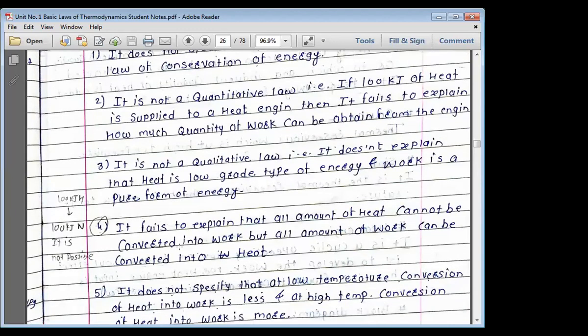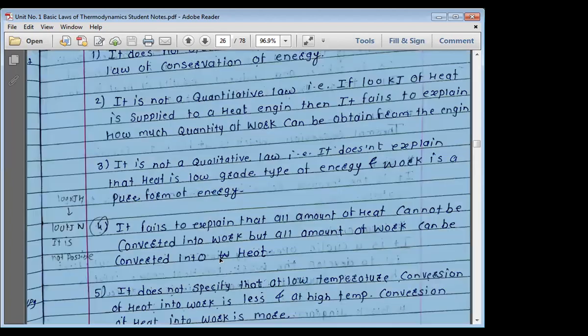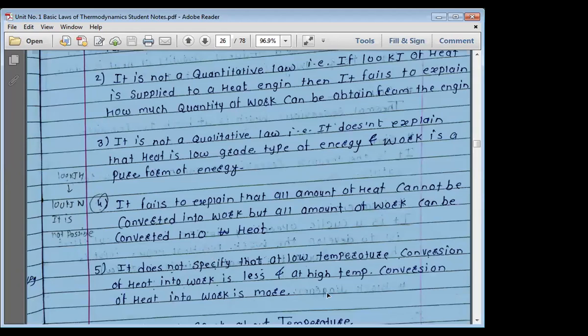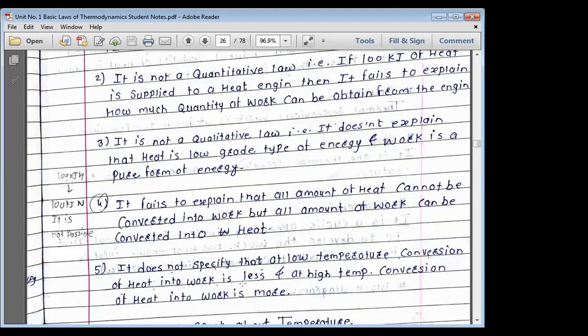Then it does not specify that at low temperature, conversion of heat into work is less, and at high temperature conversion of heat into work is more.